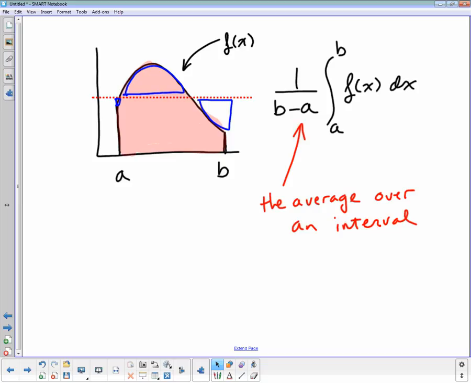We can talk about a stock price over a month, a week, a day, a minute, even a second, or even smaller, because they do really crazy transactions at microsecond times. But if we were to talk about the variability in that stock price over, say, a minute, this is what it might look like. It might go up, and then it might go down, and it starts at one price, call it f of a, and ends at whatever price, say, f of b.